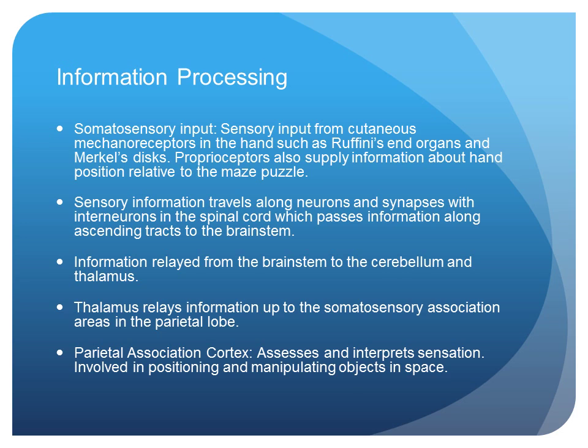This sensory information then travels along afferent neurons that synapse with the interneurons in the spinal cord, which then passes the information along ascending tracts to the brainstem. This information from the hand regarding its position and details of the maze is then relayed from the brainstem to the cerebellum and the thalamus, which then relays the information up to the somatosensory association area in the parietal lobe.